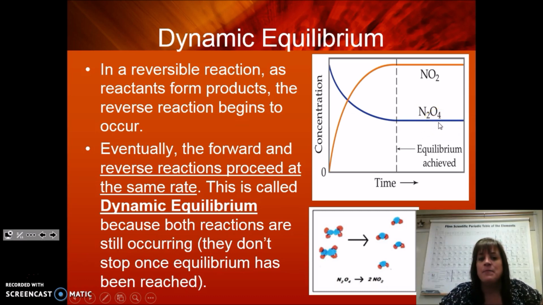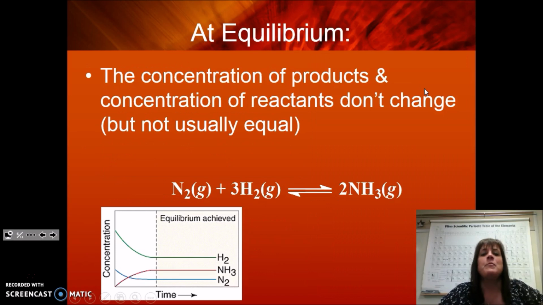They've stabilized. We call it a dynamic equilibrium because both reactions are still happening. So I still have N2O4 becoming NO2, and I still have NO2 reforming into N2O4. So these reactions are still happening, even though it looks like nothing's happening because their concentrations aren't changing. And that's why it's dynamic. It's happening, even though it doesn't look like it.